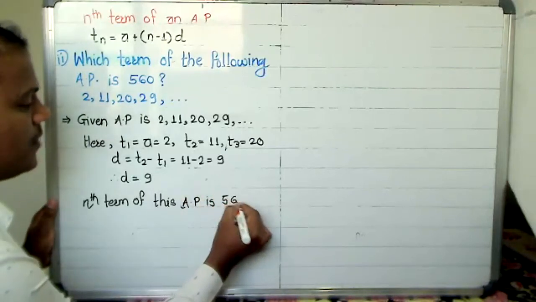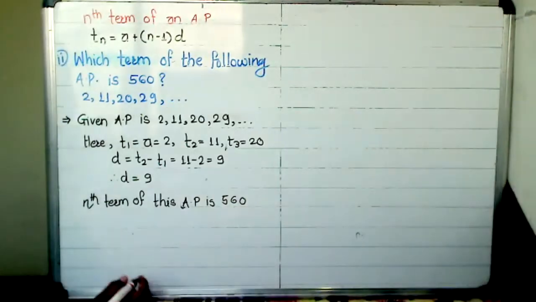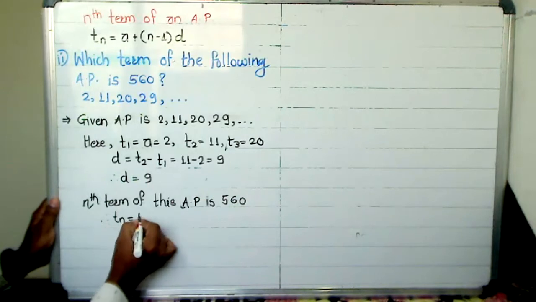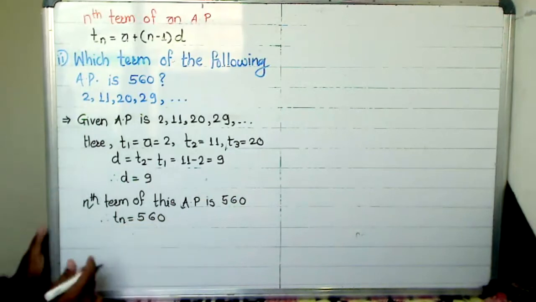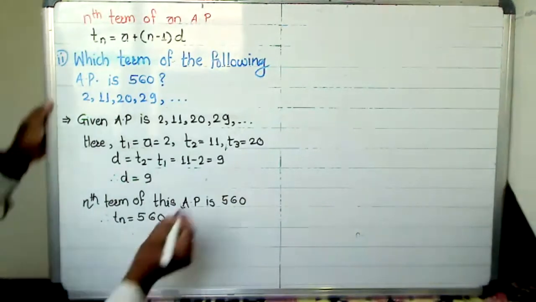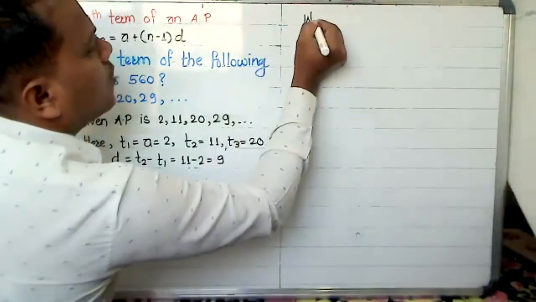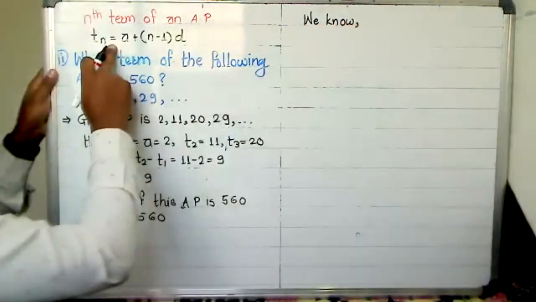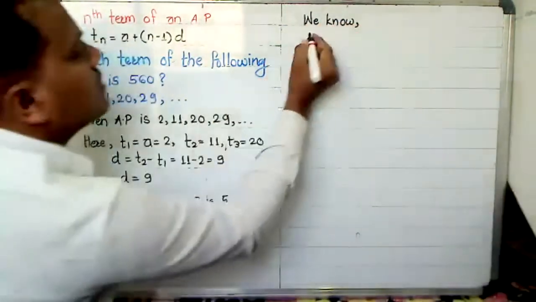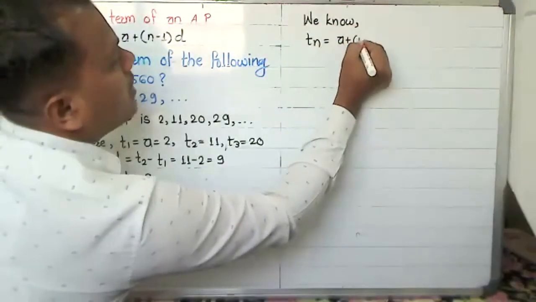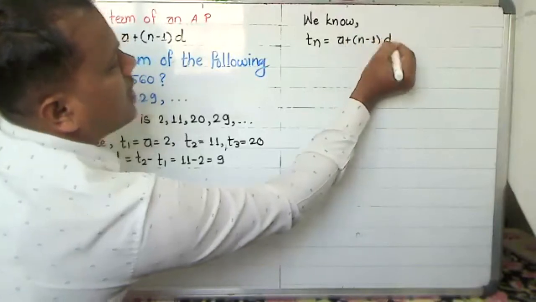Therefore Tn is equal to 560. Now we know the formula to find Tn. Tn is equal to A plus n minus 1 D.